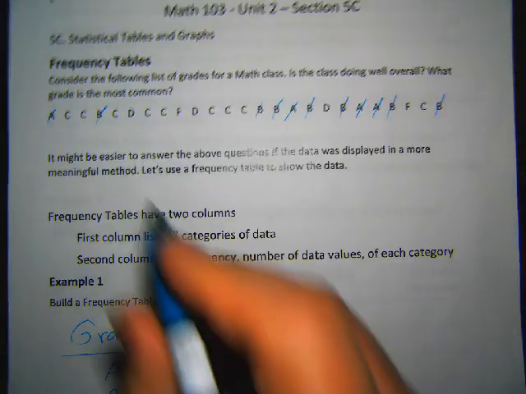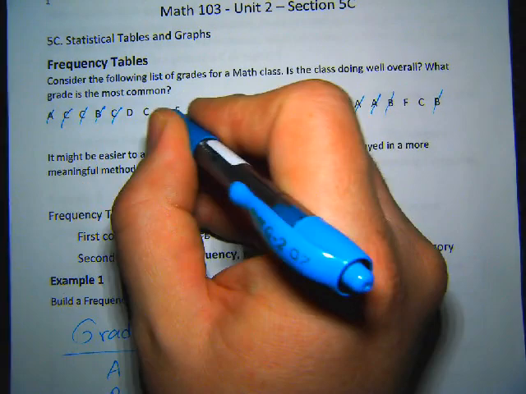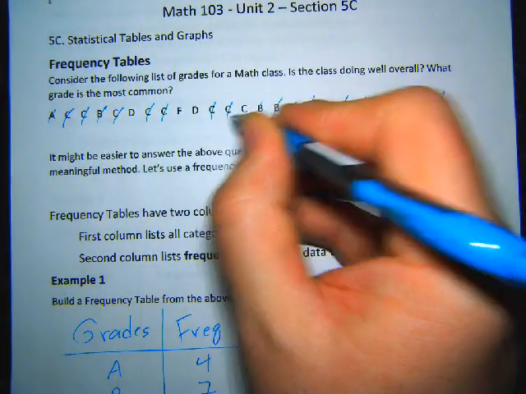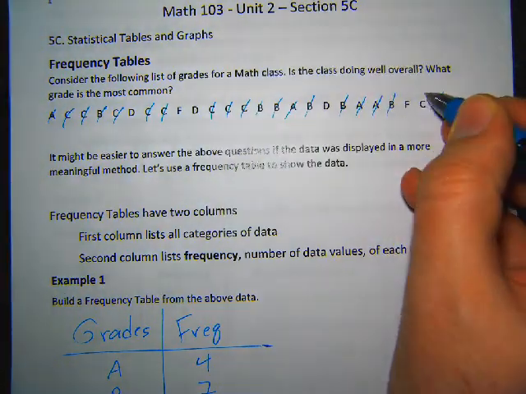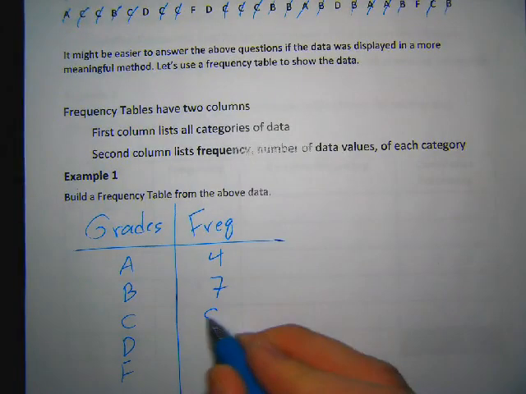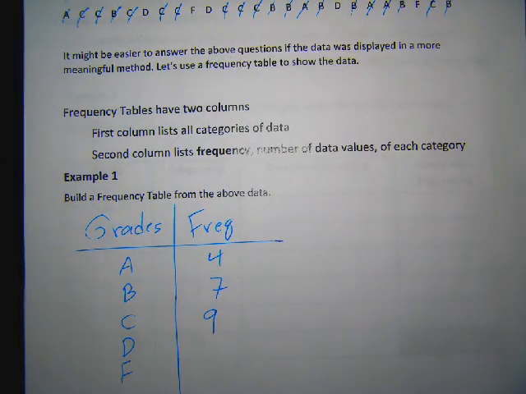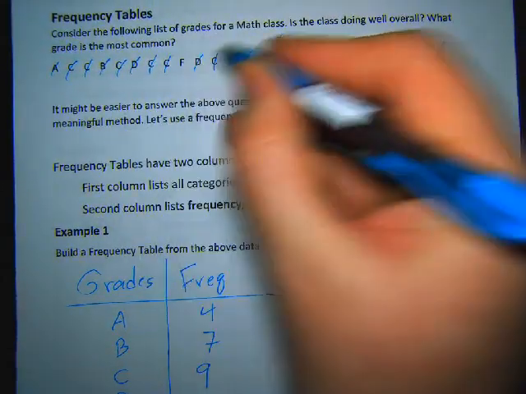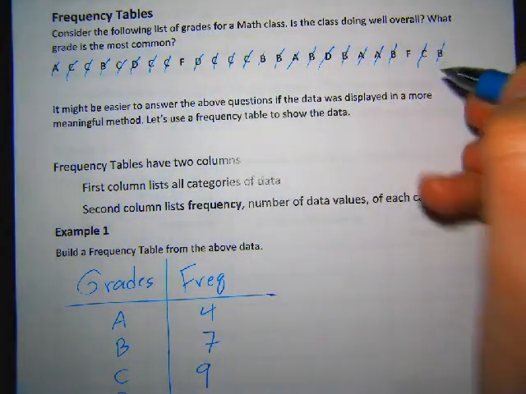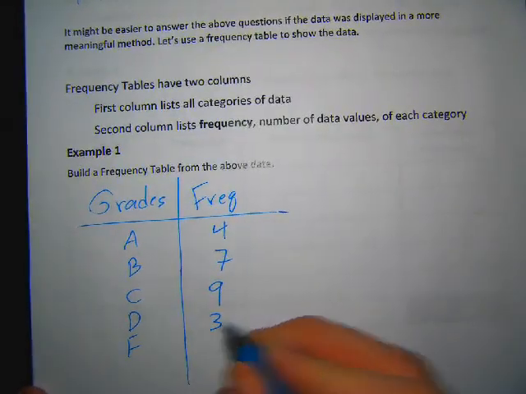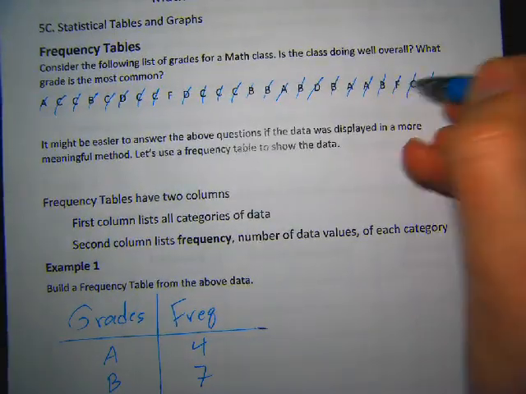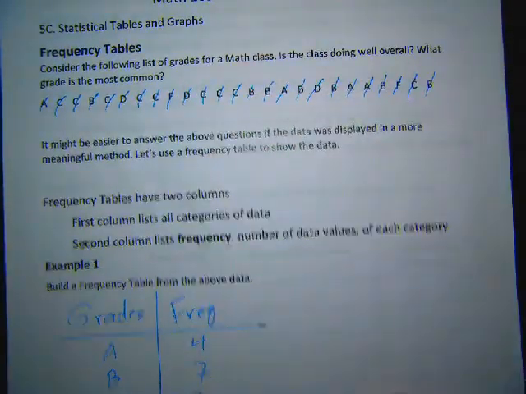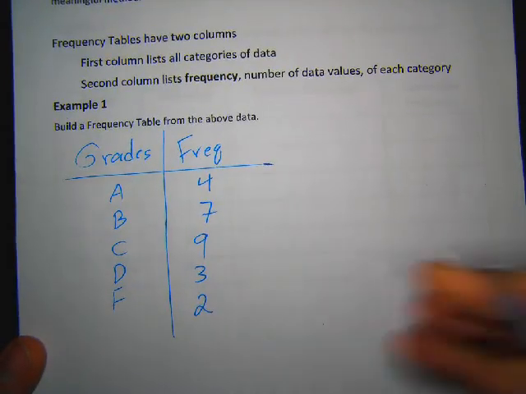We have 1, 2, 3, 4, 5, 6, 7, 8, 9 C's. So we're at 9 C's. And we have 1, 2, 3 D's. And for F's, we have 1, 2 F's. 2 F's. So this is a frequency table.